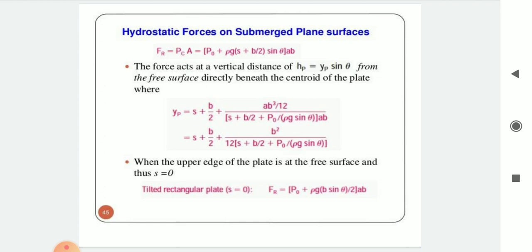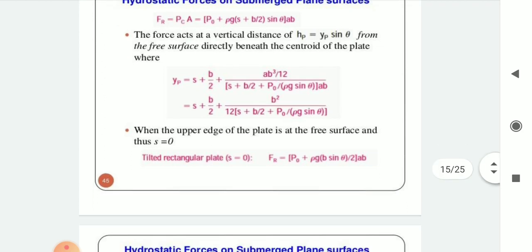When the upper edge of the plate is at the free surface, and thus s is equal to 0, for a tilted rectangular plate, the resultant force is equal to (P0 plus rho g (b sin theta)/2) times a b.